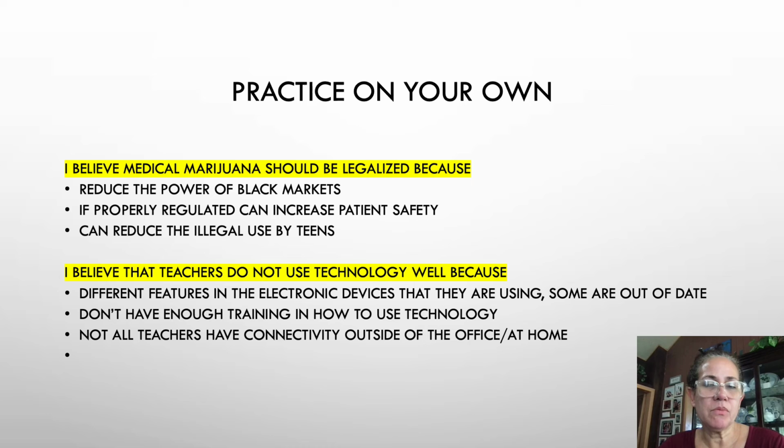Just the way that I modeled for you with the 2 examples, I want you to take these 2 I believe statements, which are drawn from your papers, and make your own formal thesis statements. This is your own practice, and just go through the steps that I went through in the previous 2 slides.